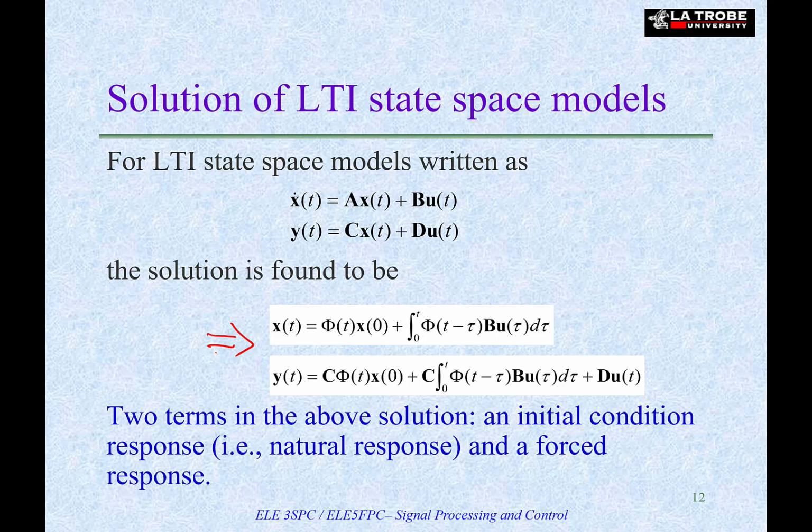The first term is the initial condition term. This initial condition term represents the natural response of the system because this is a response when the system has no external input. And the second term in the expression of y(t) shows a forced response because this term represents how the system responds to an external input u(t).